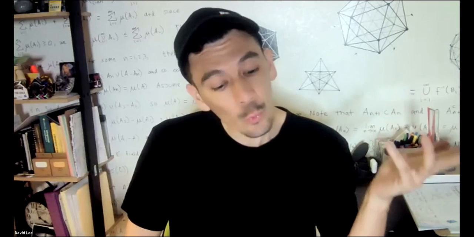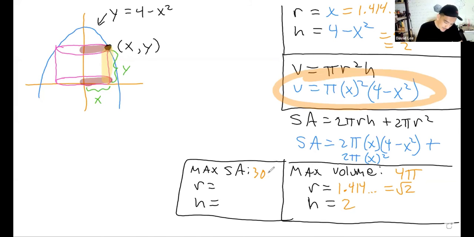30.7 and 1.5. Let's go back here. So we said about 30.7 and about 1.5 and some change. And to find the height, again, you would take the 1.5 and go 4 minus 1.5 squared.